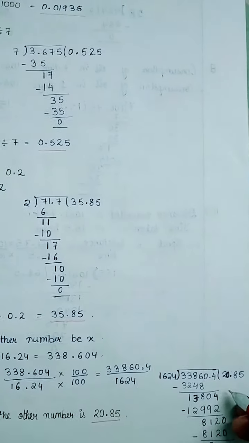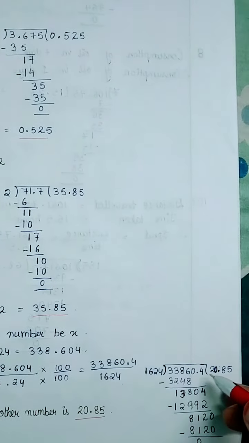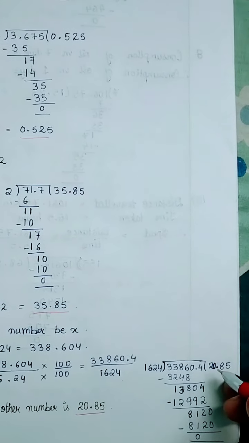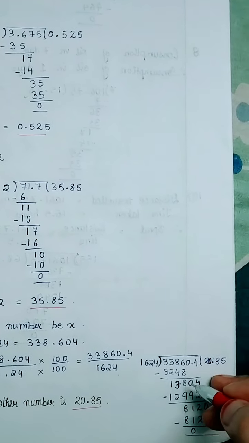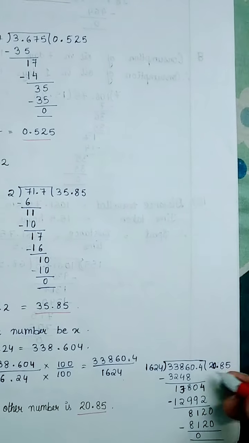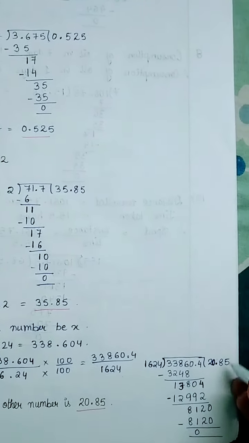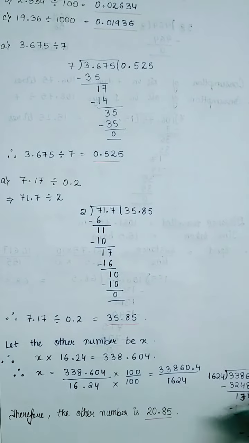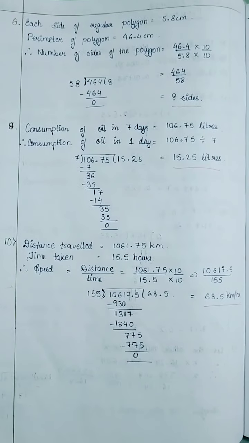After that, divide normally. 1624 2s are 3248. Then because we have taken 0 directly, we'll write that 0 over here, and because there is a decimal, we'll put the decimal. So the other number is 20.85.